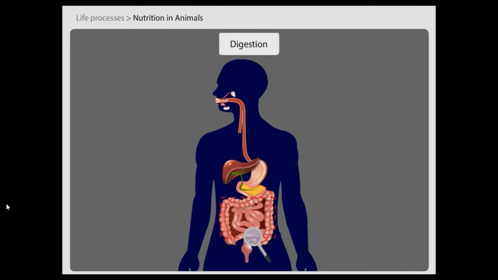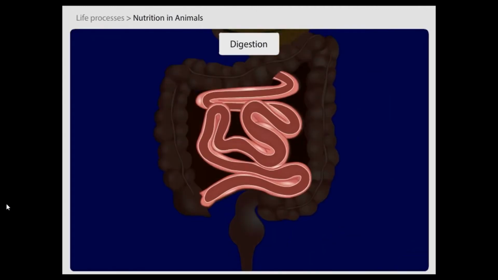The small intestine is the longest part of the alimentary canal and is about 6.5 meters long in an adult man, arranged in the form of a coil in our belly. The small intestine helps in the digestion and absorption of nutrients.